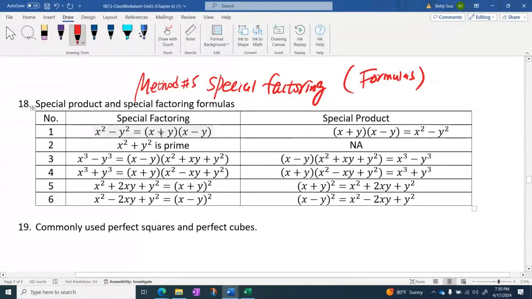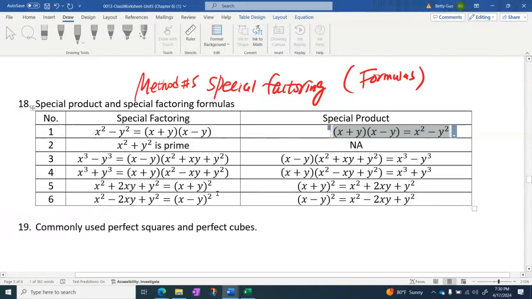And look at their corresponding special factoring formula. I got this formula simply by switching the left side and the right side of this formula. And I did the same thing to all other formulas in the second column. And those formulas are the special factoring formulas, okay?